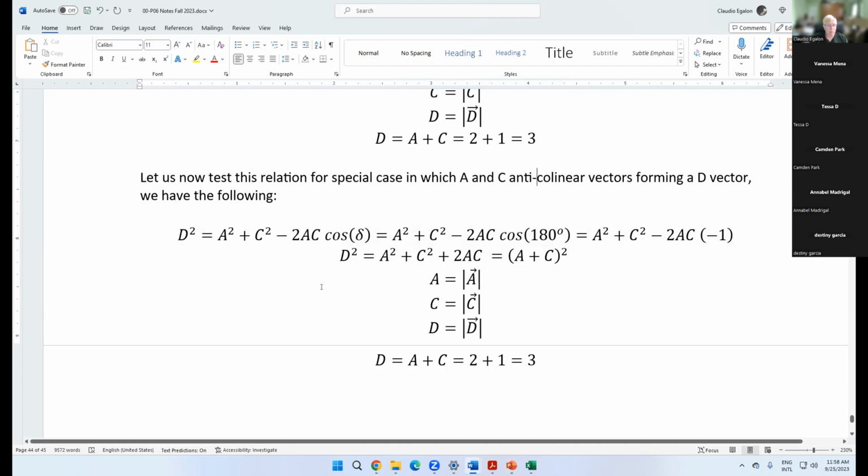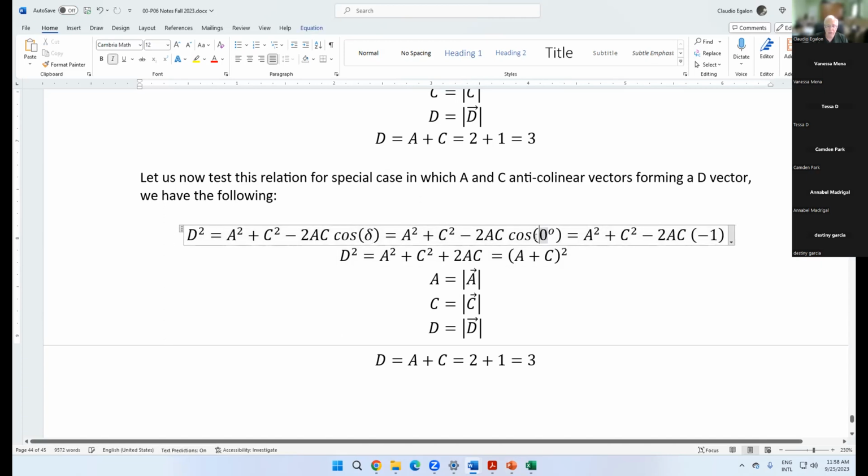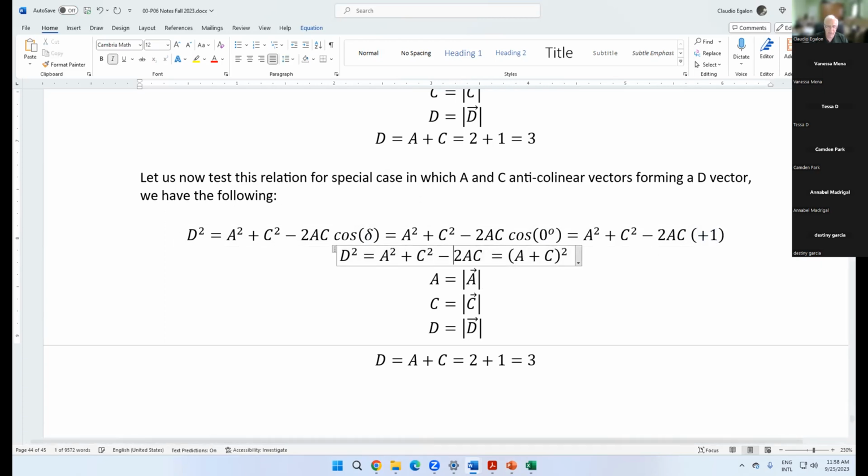Now this delta here is going to be 0 degrees, not 180 degrees like we had before. And this value here is going to be a positive 1, right? This sign is going to be negative. We get A minus C.